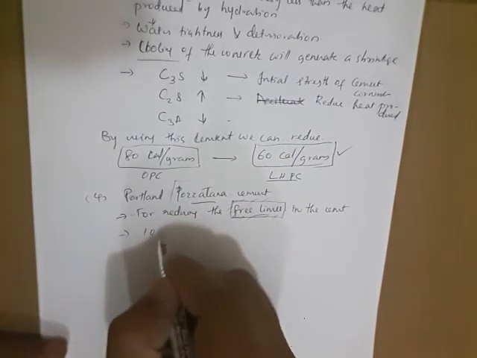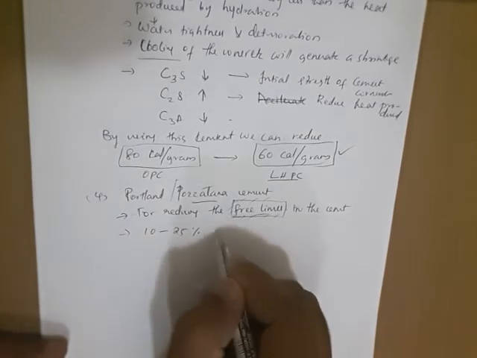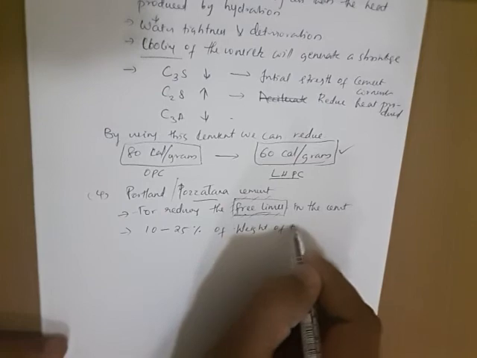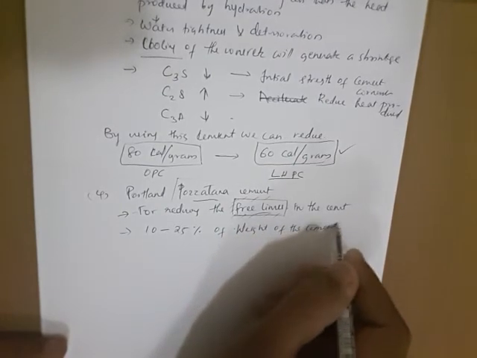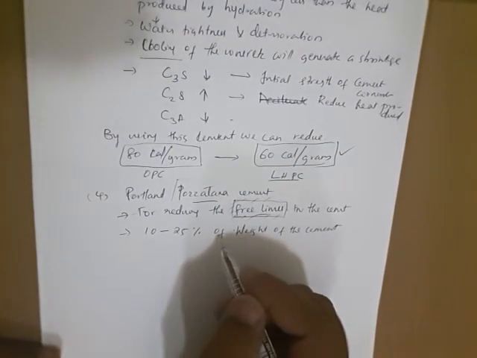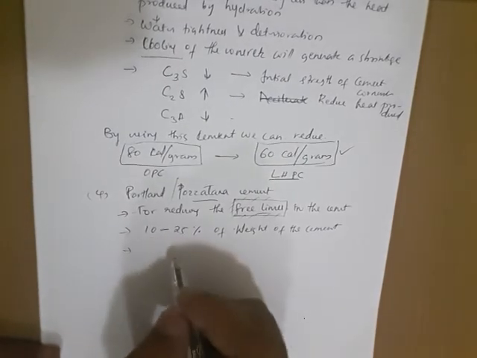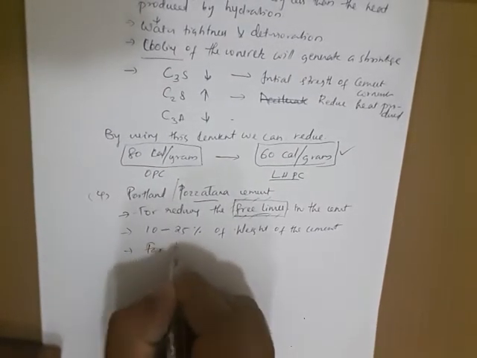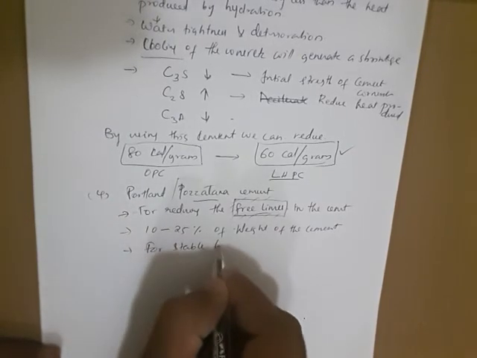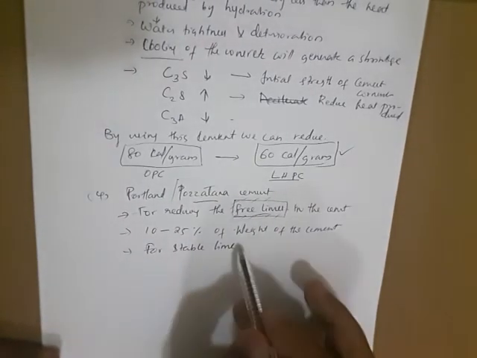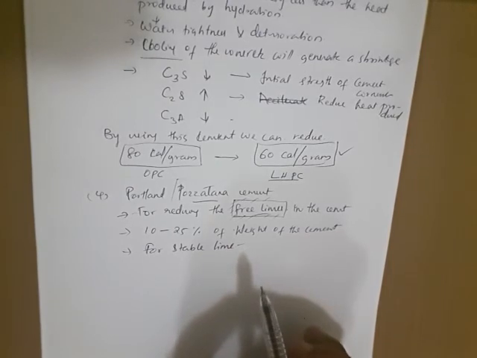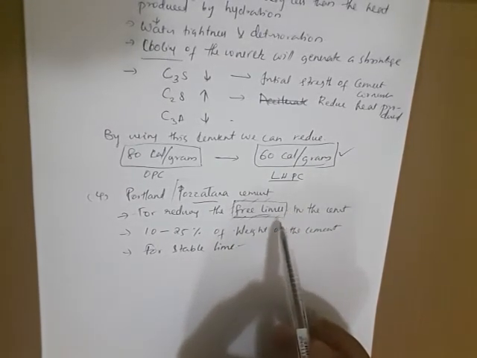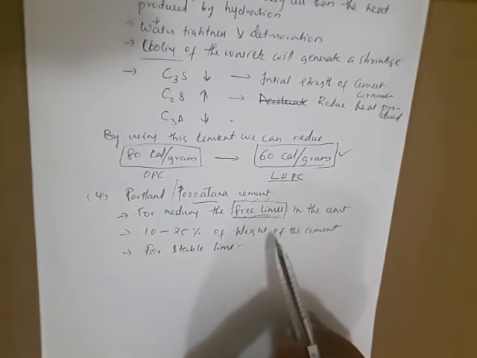Usually it will be 10 to 25% of the weight of the cement. Stable lime will increase the strength by reducing the chemical attack on this cement.